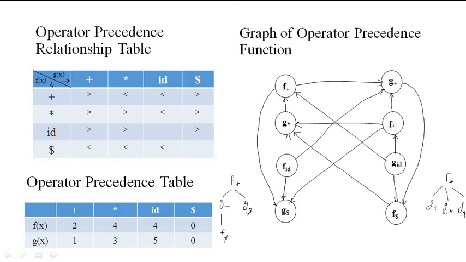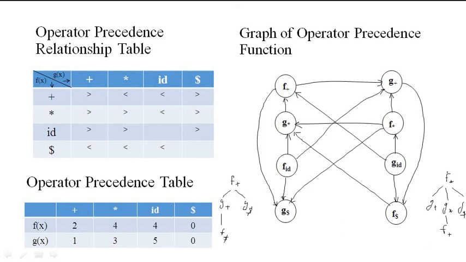Then after g star, from g star outer precedence is f plus, there is no other. So g star to f plus, f plus 2, here you can find f plus 2, g plus, g dollar and g plus 2 f dollar.